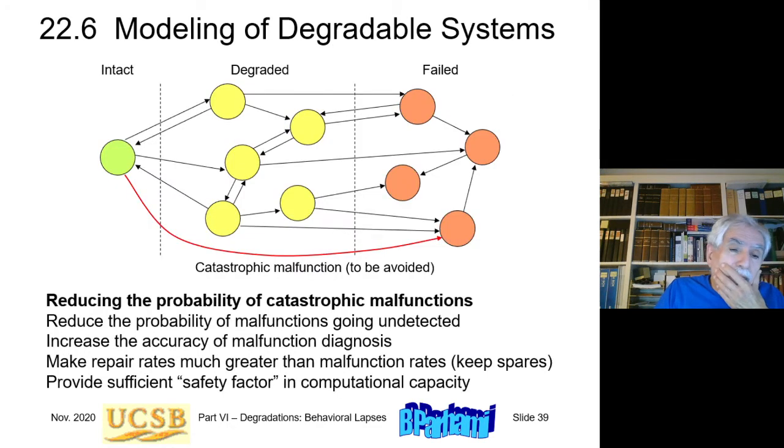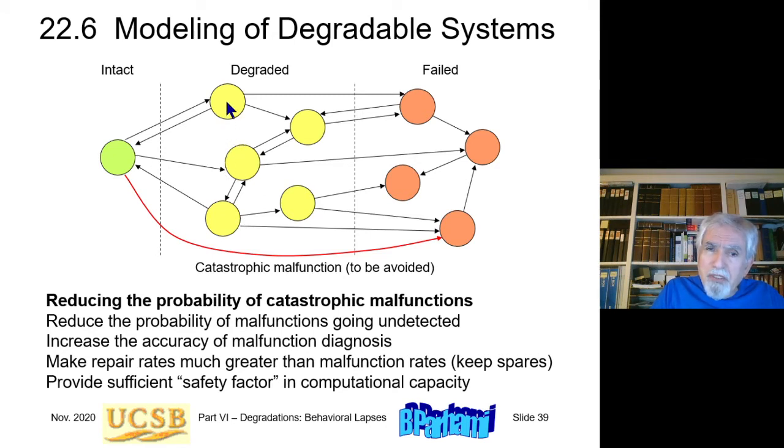And the final idea in this chapter is that of modeling degradable systems. A degradable system, as I mentioned before, can be in an intact or fully functional state, or it can be in one of a number of degraded states, with less functionality, depending on what has been lost.